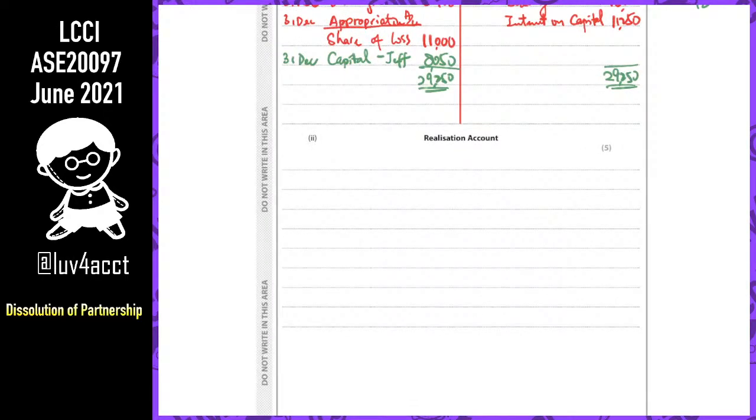For realization, I like the word dissolution more, because dissolve, from something to nothing, dissolved. Realization: we have assets and liabilities, how much we can realize, how much we can change into cash. Realize means change to cash, in accounting. So we are selling everything.